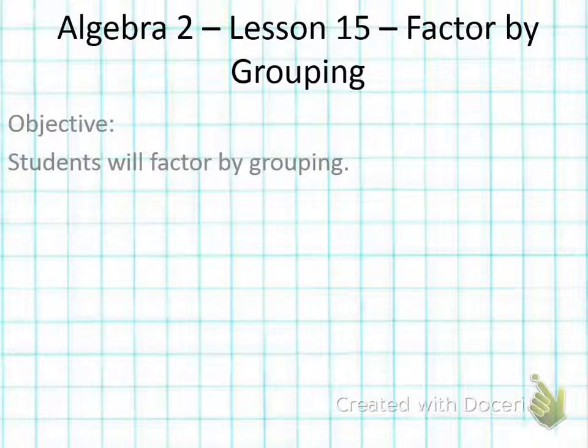Anyways, today we're going to talk about the next example, which is factor by grouping. Sometimes you can find common factors between terms and regroup them. Just like if I were to take students up here, we could have common factors and regroup them. Let's see, let me see if I can find an example.